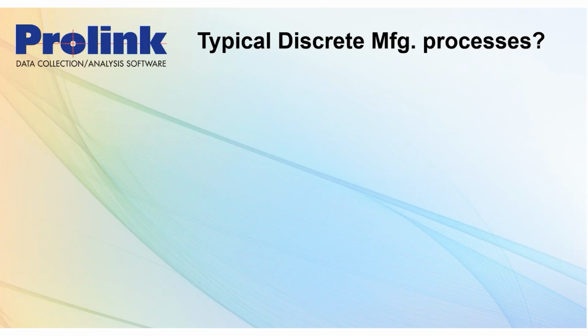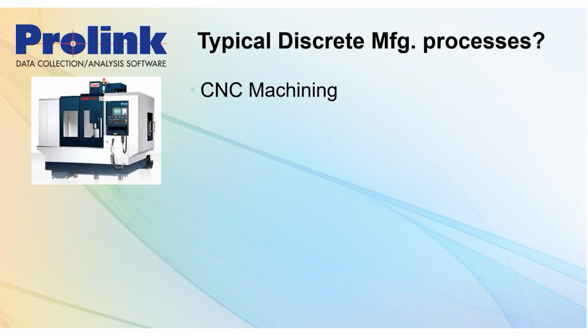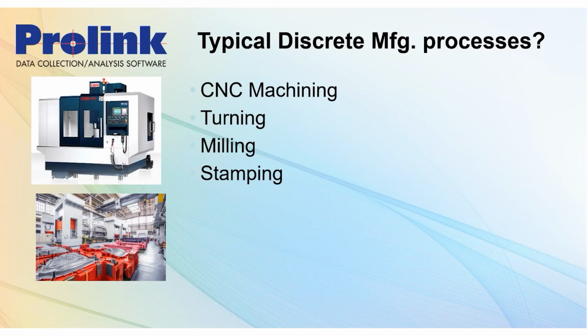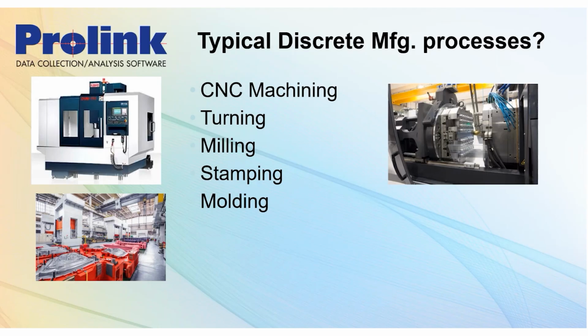The most common place where we use our software is in discrete manufacturing processes, meaning things like CNC machining, turning, milling, also stamping, things like automotive parts for sheet metal body parts, or even for your washer, your dryer. Injection molding, very, very common use of our software where people are doing high volumes of injection molding plastic parts or extruding plastic parts.